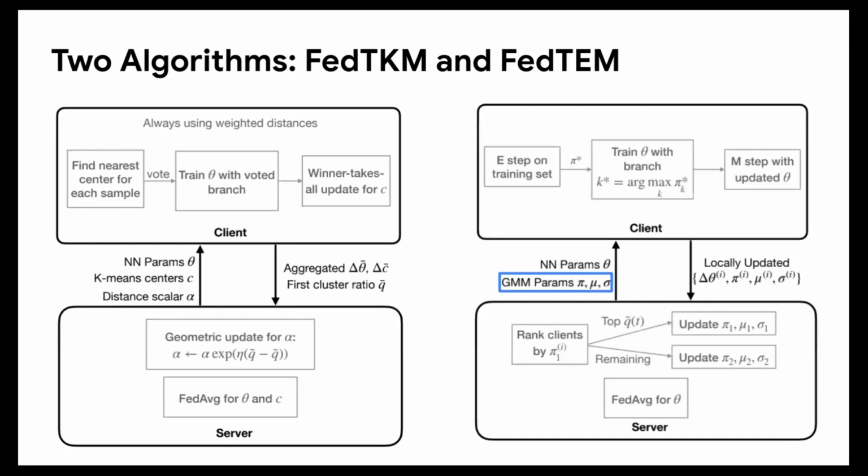We further develop another algorithm. Instead of a k-means clustering module, we use a Gaussian mixture module. Why do we have two algorithms? Sometimes this GMM module is more powerful, because of how you parameterize the model and how you update it. But the GMM algorithm also needs a lot more information to estimate the parameters.